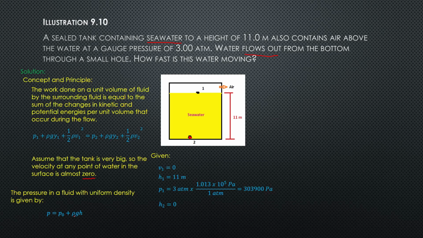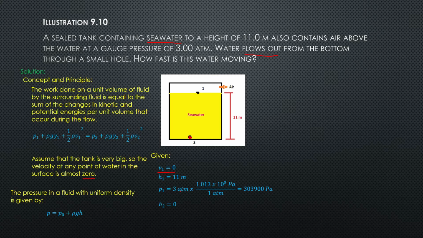Let us now look at the given. If we assume that the tank is very big, the velocity at that point is 0, and the height of the water is 11 meters. Atmospheric pressure, gauge pressure of 3 atmospheres.